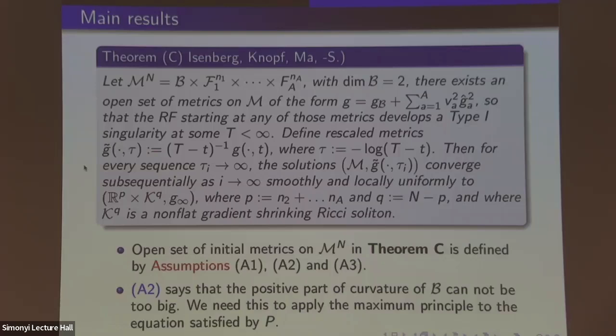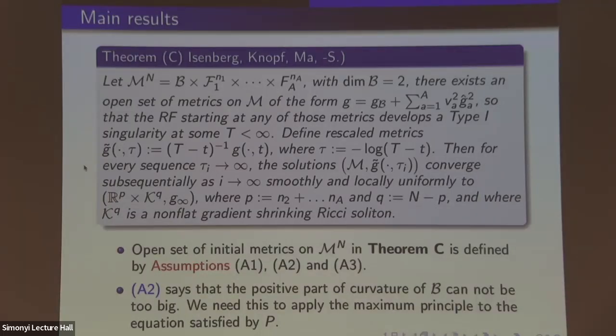And for that, we come to the question of whether one can classify the shrinking Ricci solitons which look like this. So let's say that you have something that looks like this, with a warping function. Let's say you have a fiber F, and let's say that the dimension of B is equal to 2. So the question is, if you just consider this, can we classify all gradient shrinking Ricci solitons which have this warped product structure, but over a two-dimensional base?